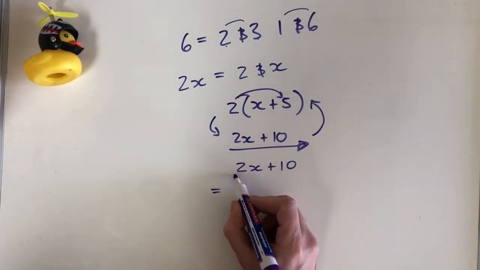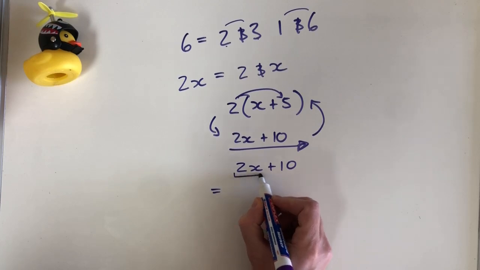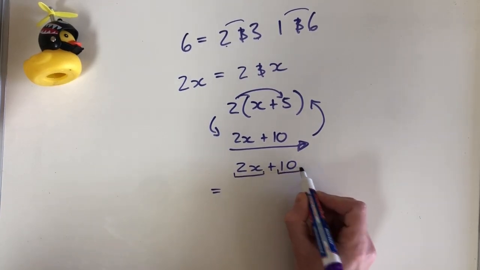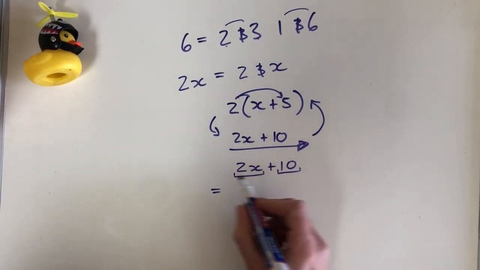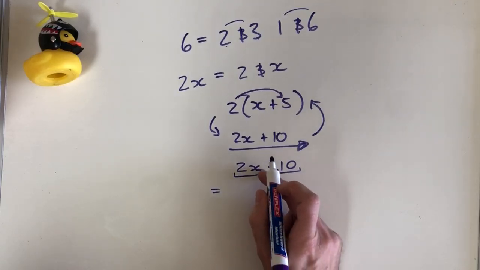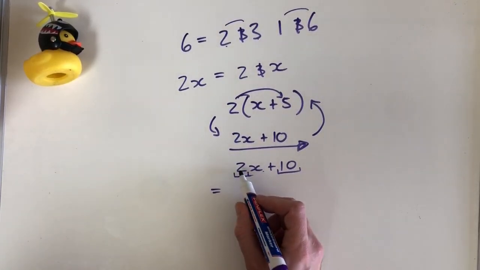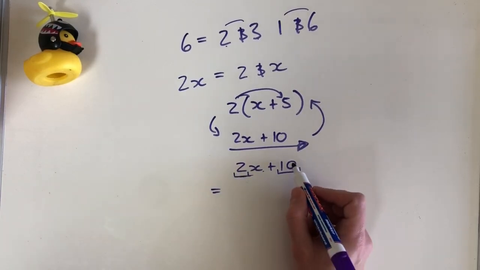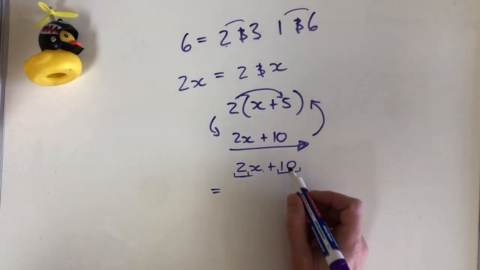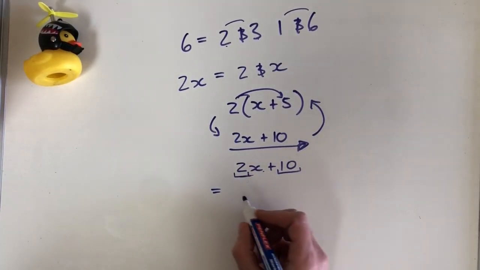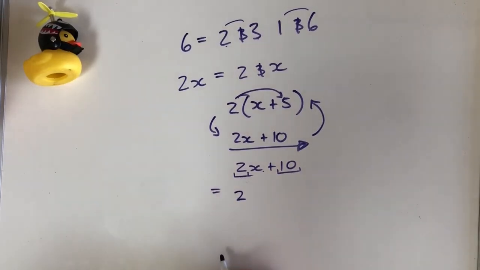My question is: is there something that can go into 2x that can also go into 10? Usually we look at the numbers on their own. Is there a number that can divide into 2 without a remainder that can also divide into 10 without a remainder? Yes, the answer is 2. So I write a 2.